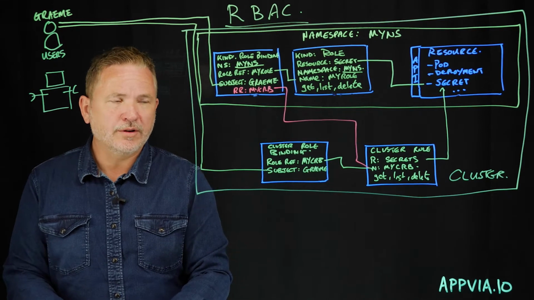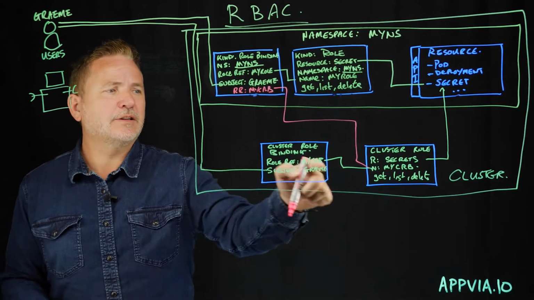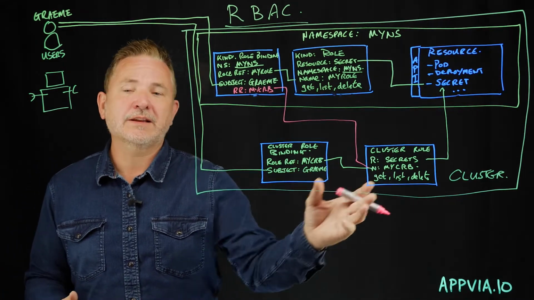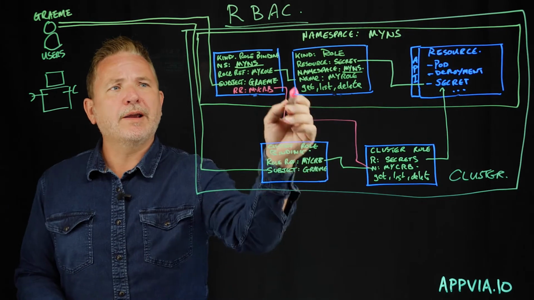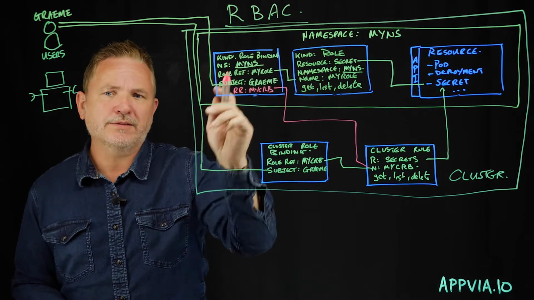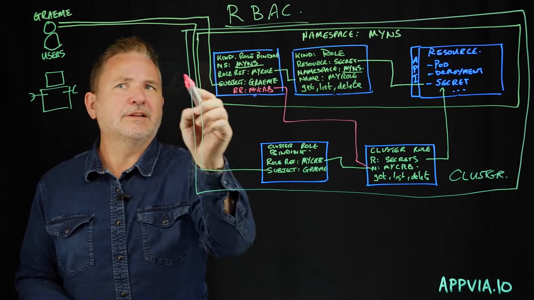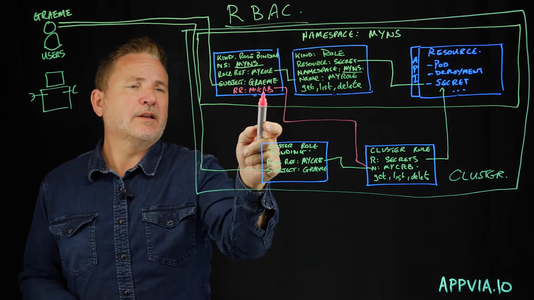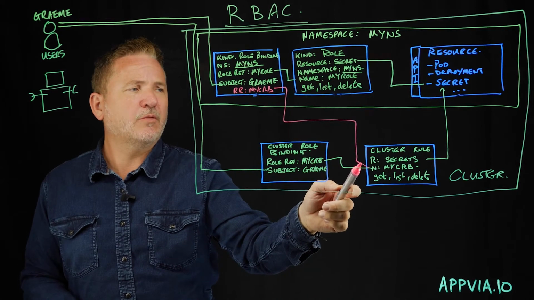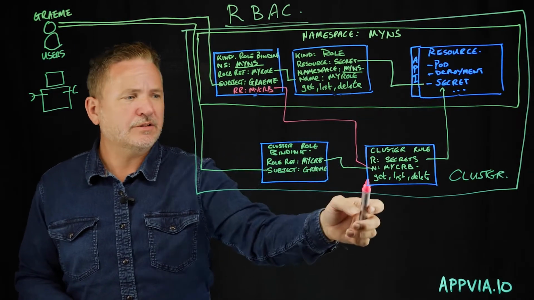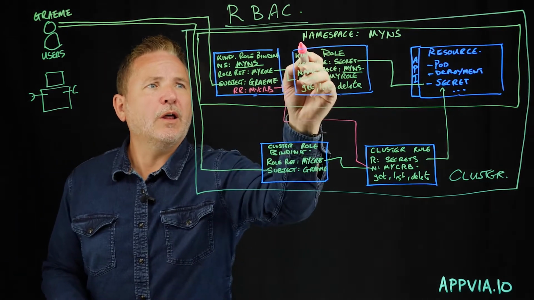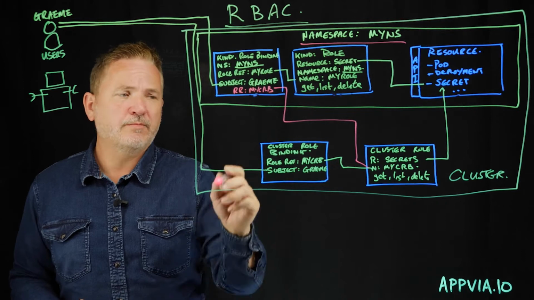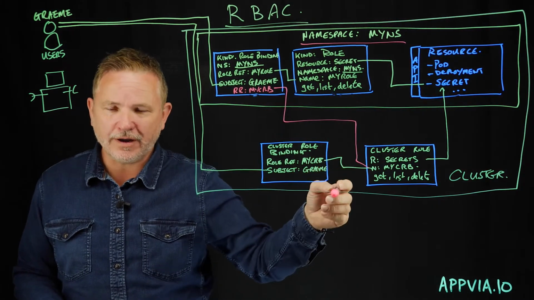It seems a bit odd, but it actually means that I can define cluster roles at a cluster level and have a single role that maybe gives access to secrets. But I can bind it to a role binding that's namespace scoped. So this says that Graham can access through this role binding the cluster role, my cluster role binding here, which has access to secrets to get, list, and delete, but that will only apply in my namespace. So it's not cluster-wide, but it has access to the roles which we can define cluster-wide.